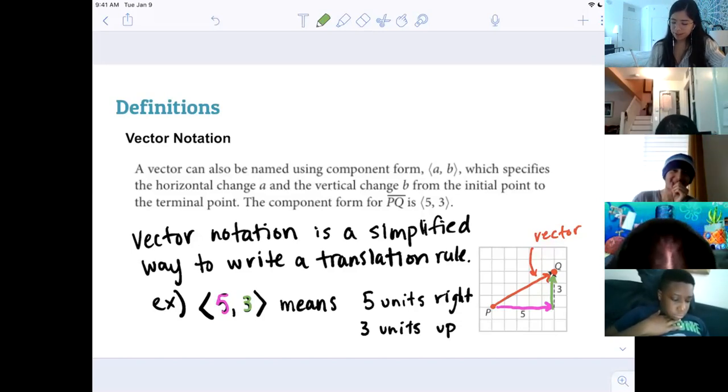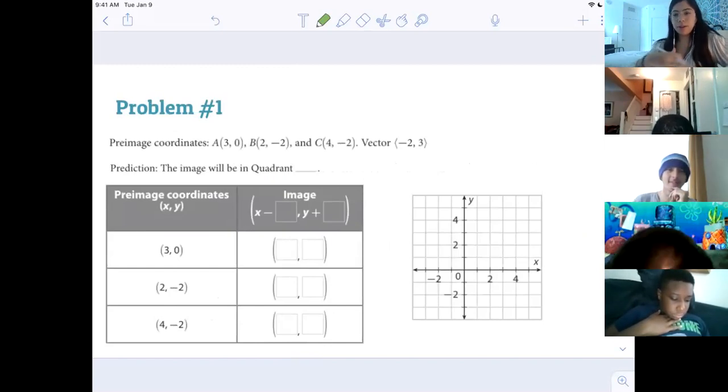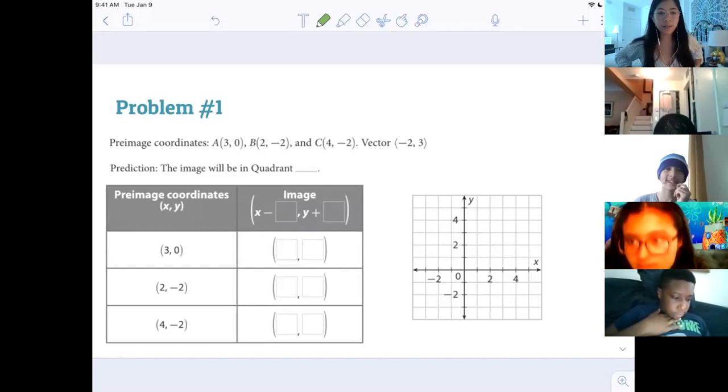Okay. All right. So let's go ahead and look at a problem. So vector notation, like I said, will always tell you how much to the left or right and then up and down. So it's like X comma Y. So by the way, with these problems, because obviously you guys don't have the textbook in front of you, so you can't do it on a paper, I'm not asking you to write all of this down, and I'm not asking you to graph anything right now.